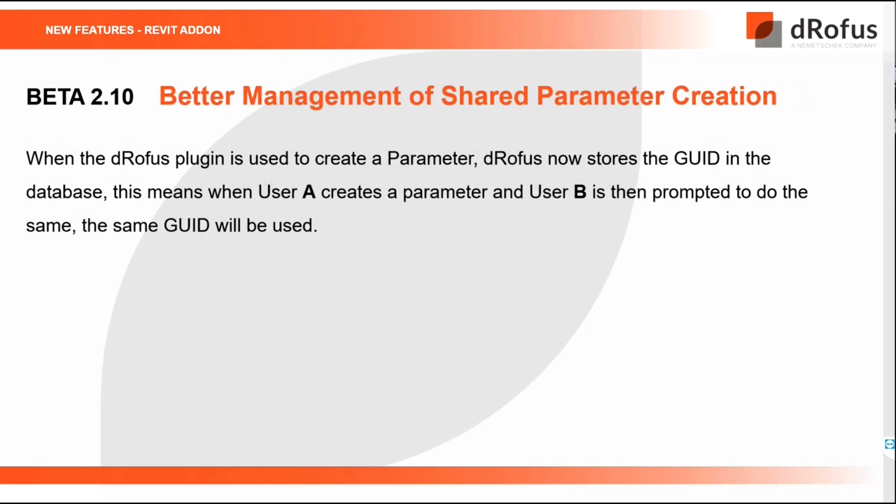Better management of shared parameter creation. So this is a good one. The only place you're actually going to see this used is within the attribute config, where someone defines your various mappings, you have your key attribute. What it actually does now is dRofus is hoovering up the GUID, and then it will ensure that anybody else who goes to create that using dRofus, it will allocate that same Revit shared parameter GUID.